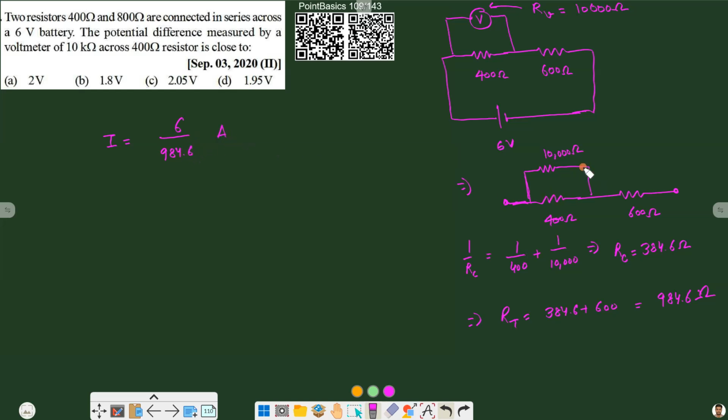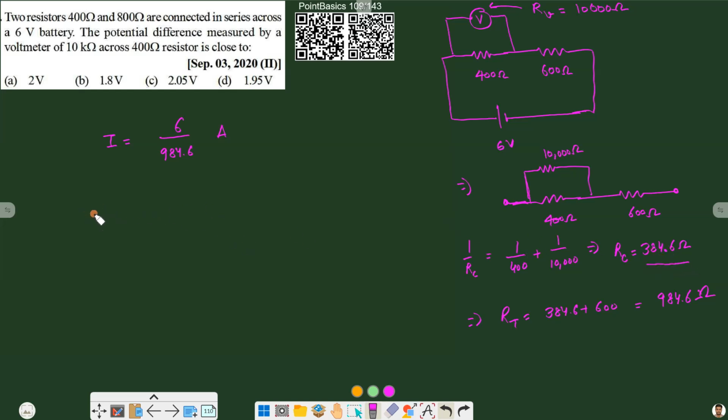And as we have to find out the voltage across this 400 ohm, we will find out the voltage across their parallel combination, which has a resistance of 384.6 ohm.